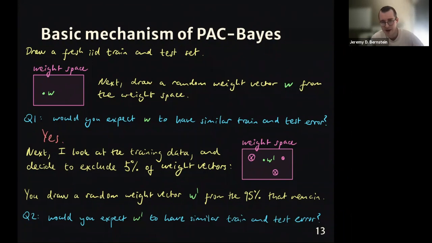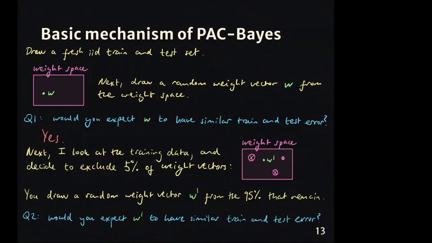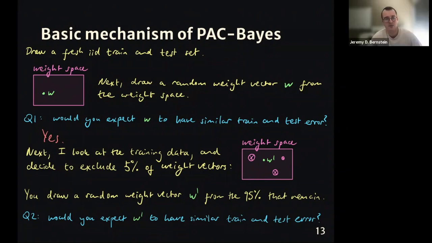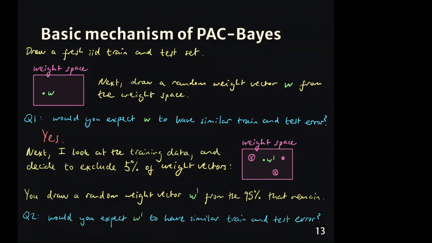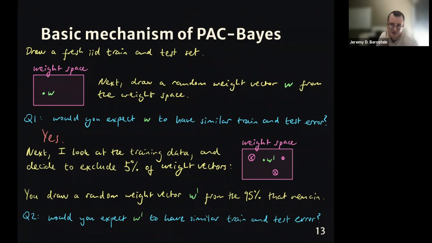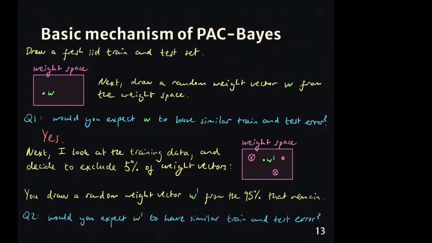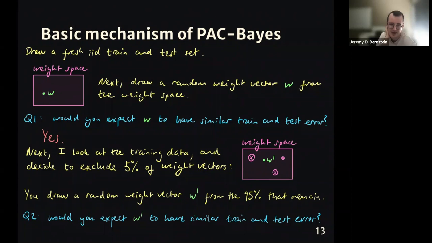Sorry, what's your point about the variance? I think what I'm trying to say is that the average being small, you also know that it's positive, because we're taking the absolute difference between train and test. So if the average is small, it means that most of the values. Okay, if you make it positive, then yeah, I see what you mean. Yeah, sorry, this would go wrong if it was a signed difference between train and test error.